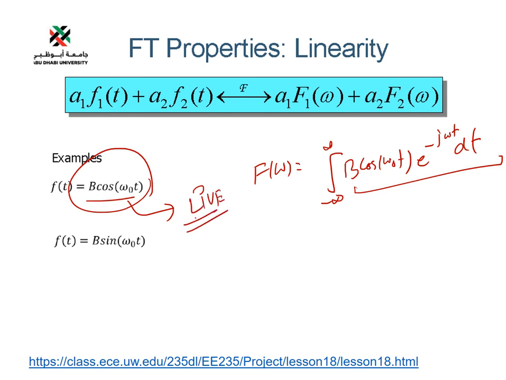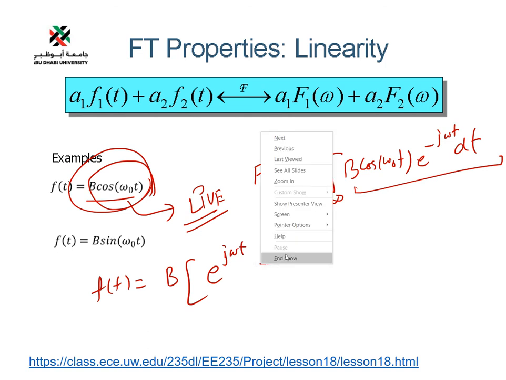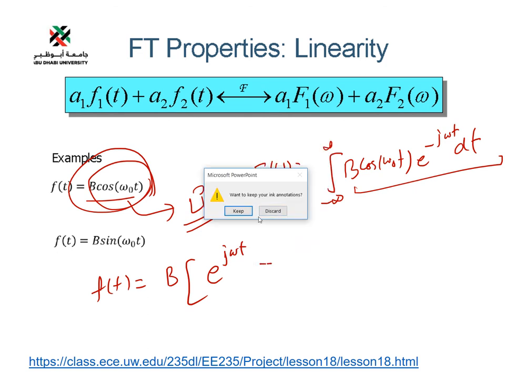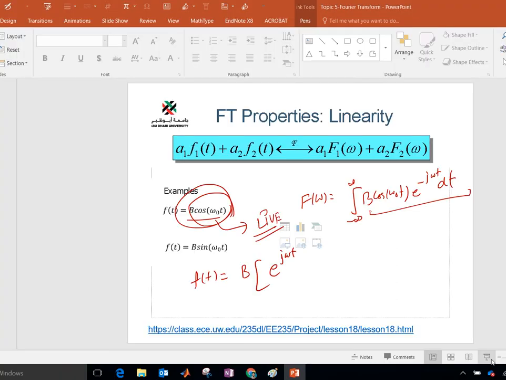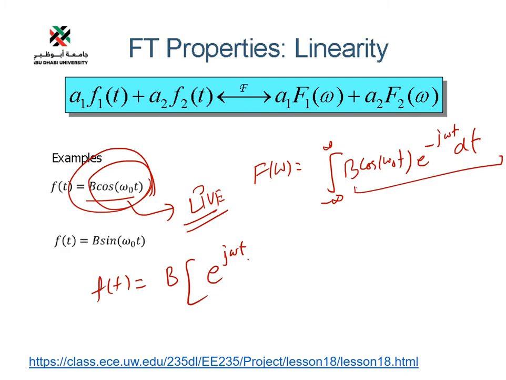The idea is that we can convert this cosine signal into two signals. If you remember, cosine can be written as e to the power j omega t plus e to the power minus j omega t, divided by 2.